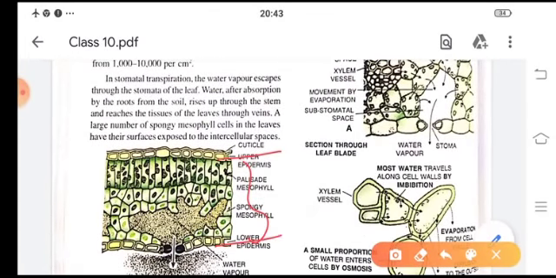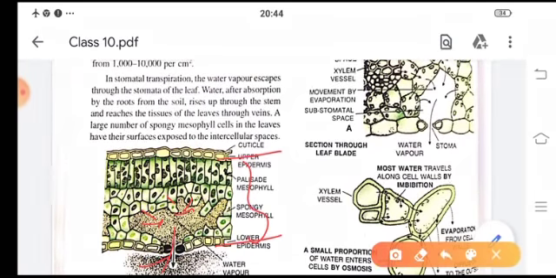Water oozes out from these cells into the intercellular spaces through the process of diffusion. Here it saturates the air and forms vapors. Now these vapors go out from the stomatal opening into the atmosphere.